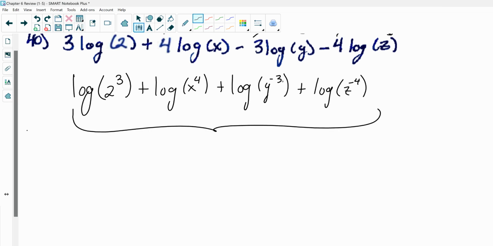Since we have multiple logs of the same base being added together, we can rewrite it as a single log with what's inside being multiplied together. So we have log of 2 to the third, x to the fourth, y to the negative third, z to the negative fourth.